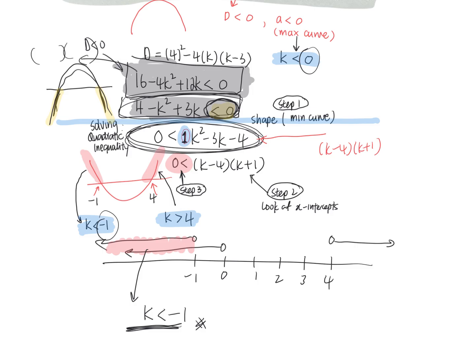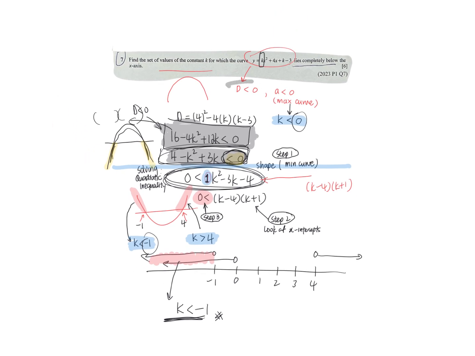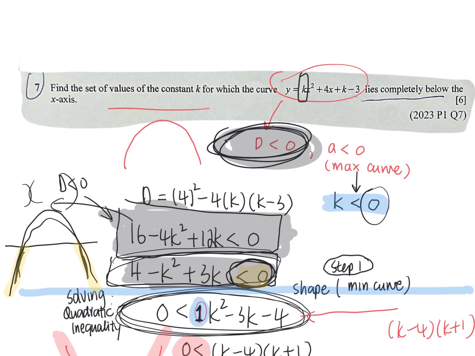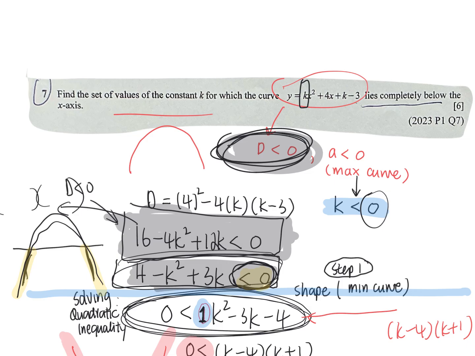Then deal with it like a quadratic inequality. Where did I get the 0? From here. They tell us that it lies below. Okay, so I explain one more time.